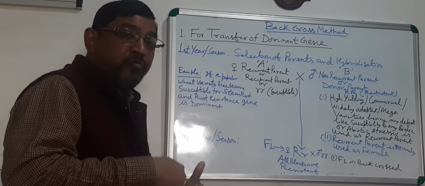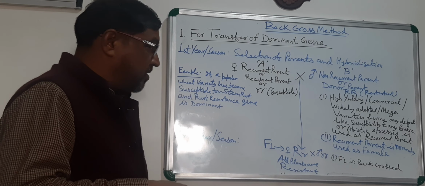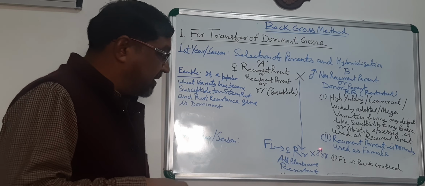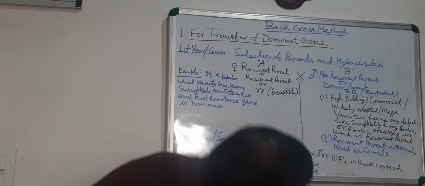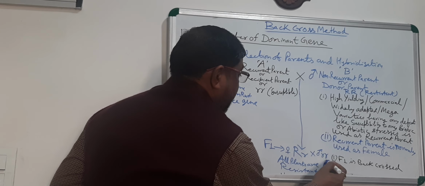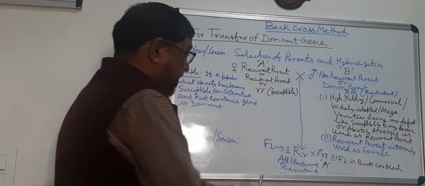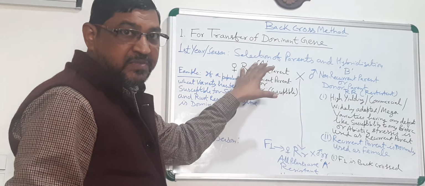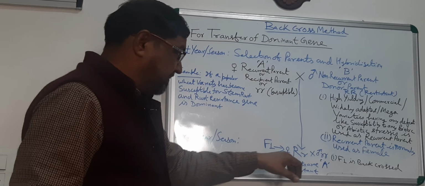That is why every season, in every year, we are crossing these progenies with the recurrent parent small r, which is variety A, parent A. The parent A you are using as a pollinator here. Once you have used the cytoplasm of this, that cytoplasm will continue till the end, no problem.